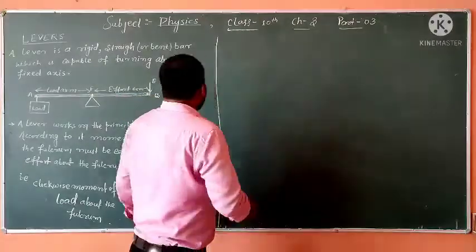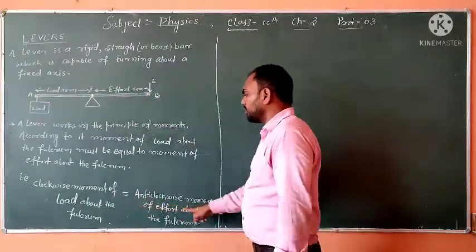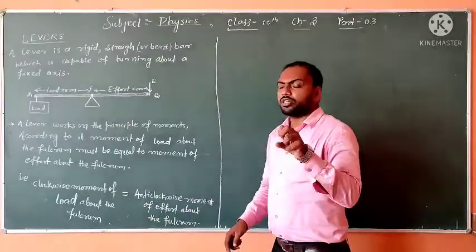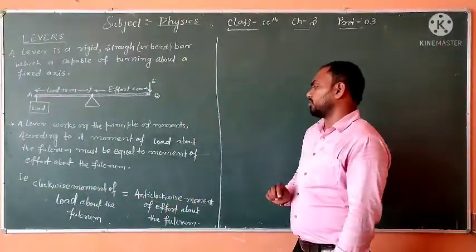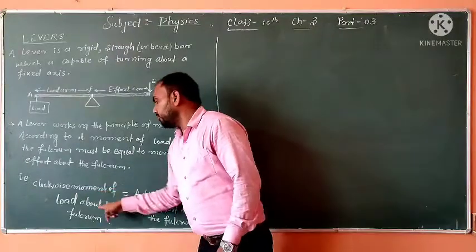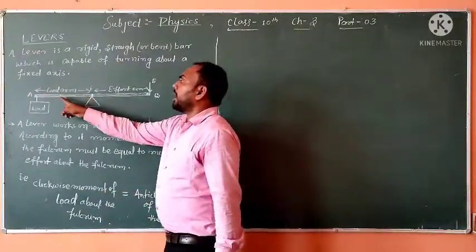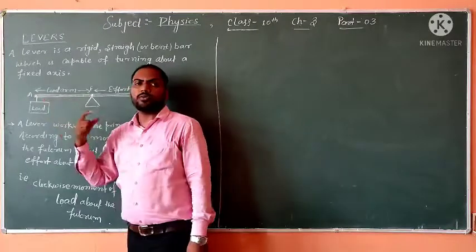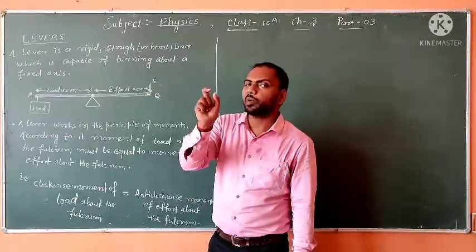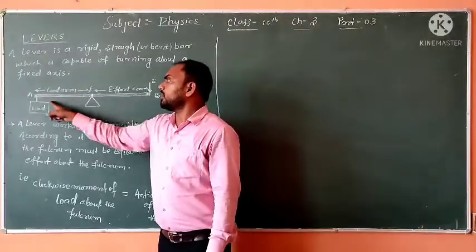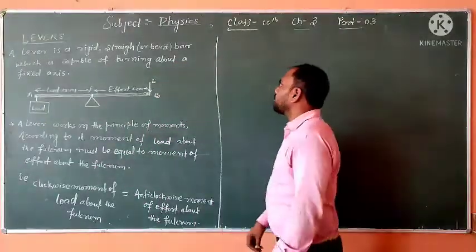Here I am going to calculate according to this. We are going to find the moment, clockwise or anti-clockwise. We know that moment is equal to force into perpendicular distance from the axis of rotation.